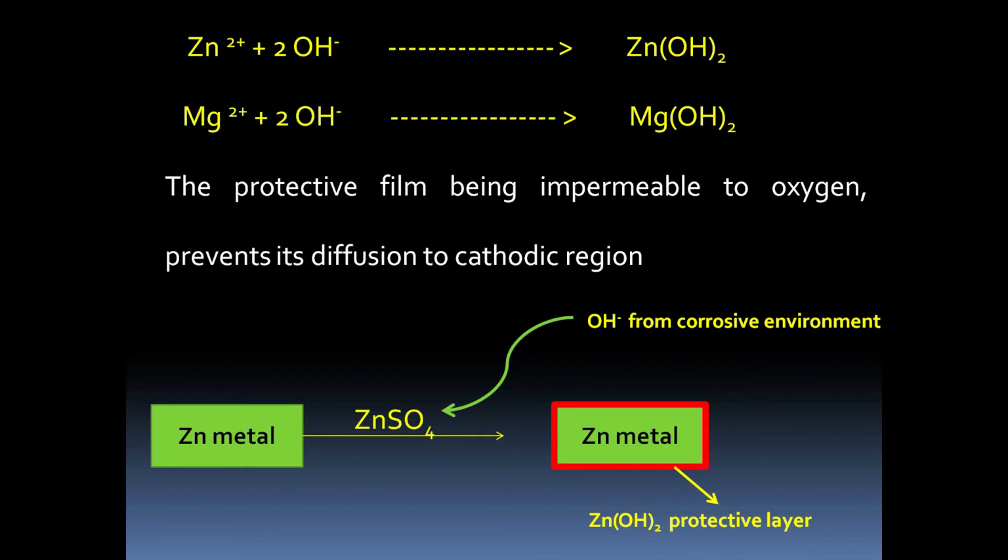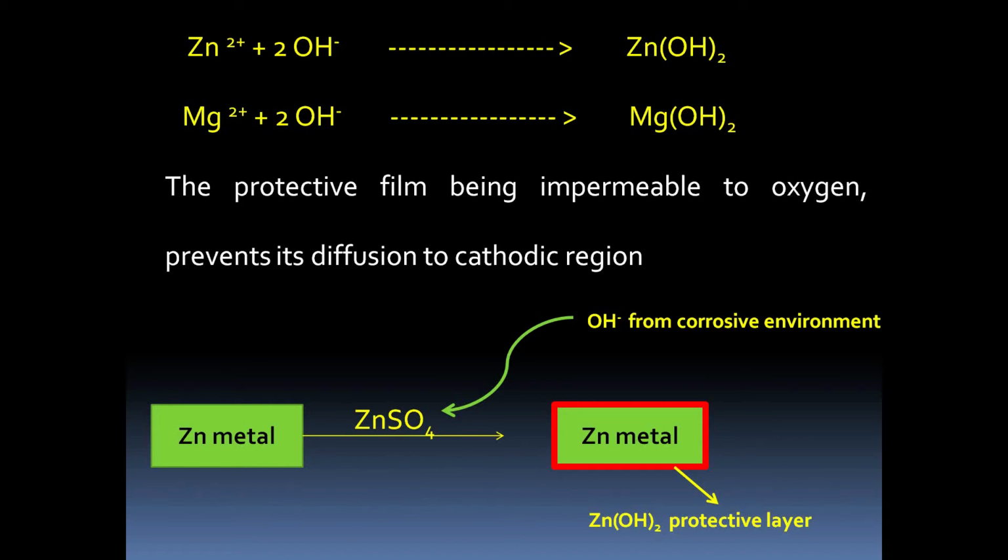I'll show you here. We have the zinc metal which has to be protected, and here we are adding zinc sulfate. The metal which has to be protected can be zinc or aluminum or anything. I have taken zinc here, and you can take iron also.